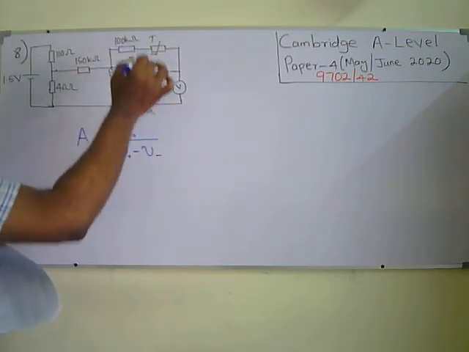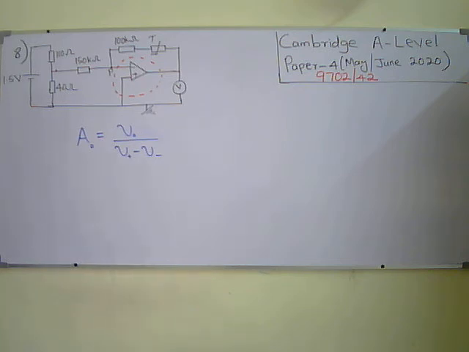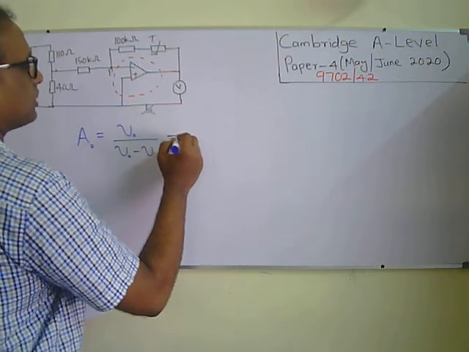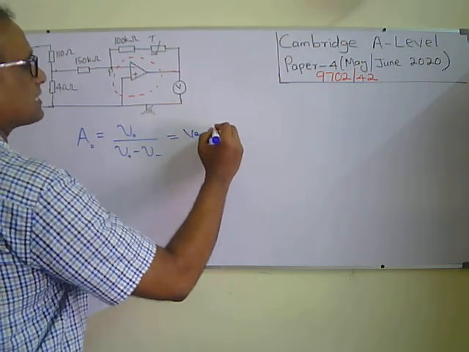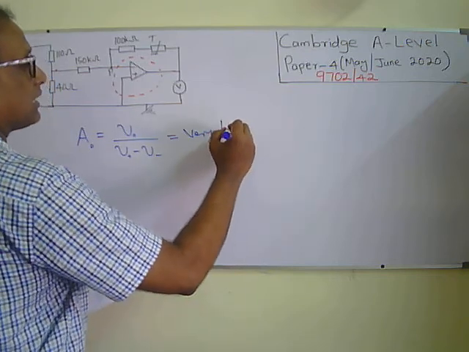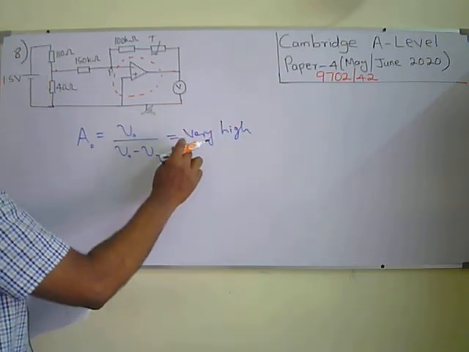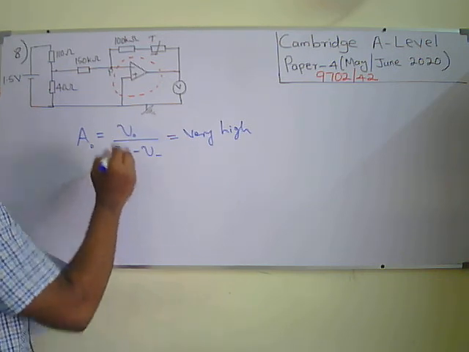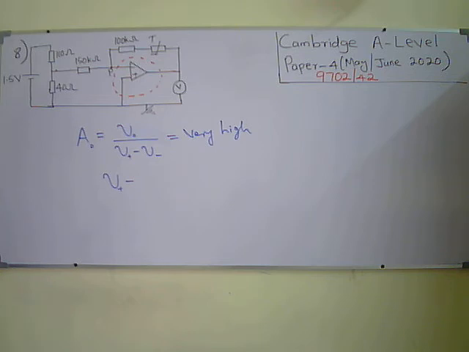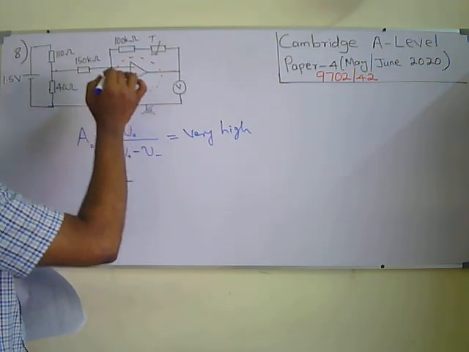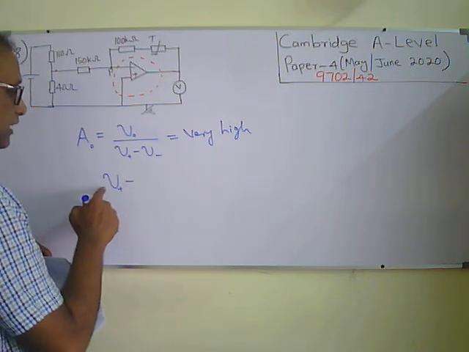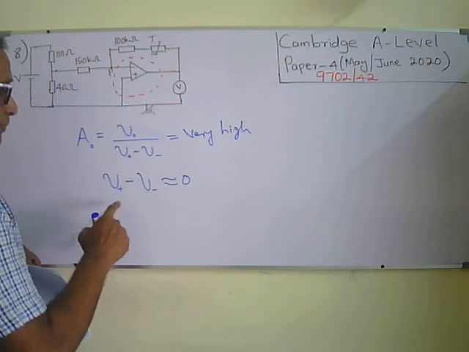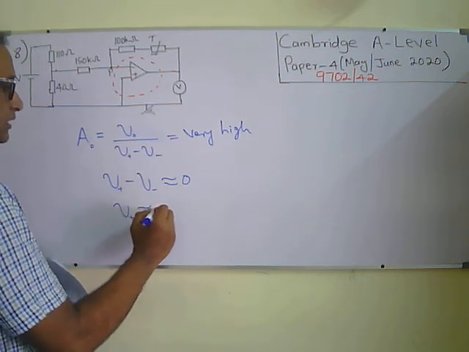For the open loop, the gain is very high, almost infinite. If it is almost infinite, that means the difference between the inputs of the inverting input and the non-inverting input, V plus minus V minus, is approximately equal to 0. That means V plus is almost equal to V minus.